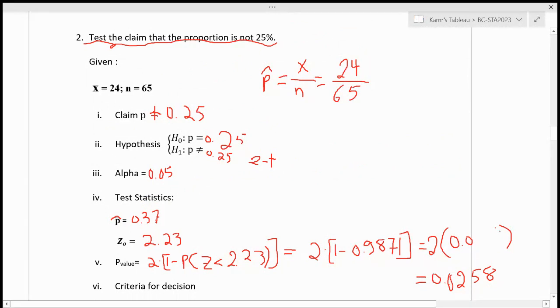That'll be 9. That'll be 1. You multiply this one by 2. That's going to give you 0.0258.